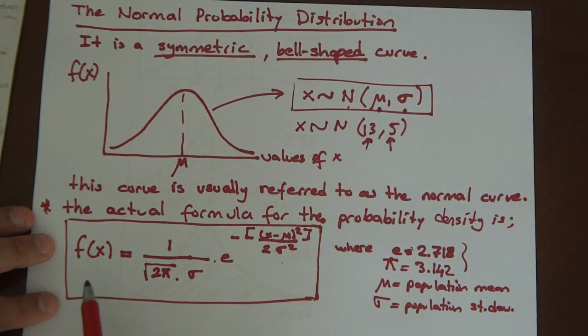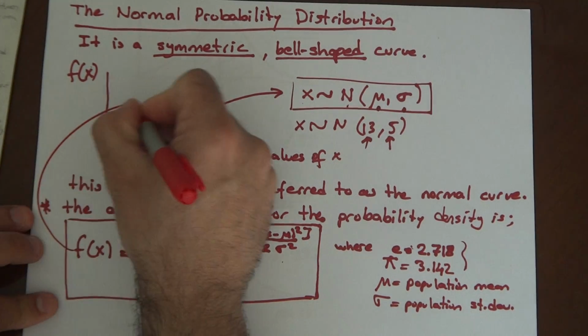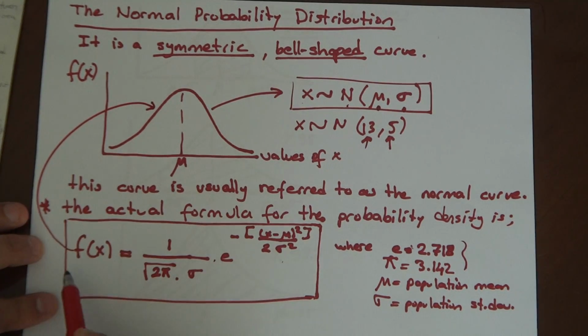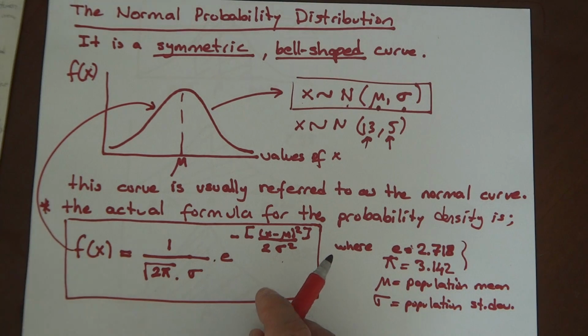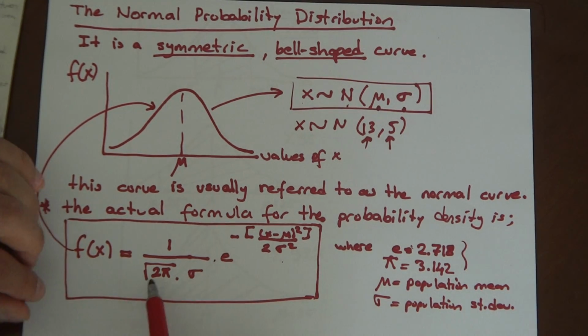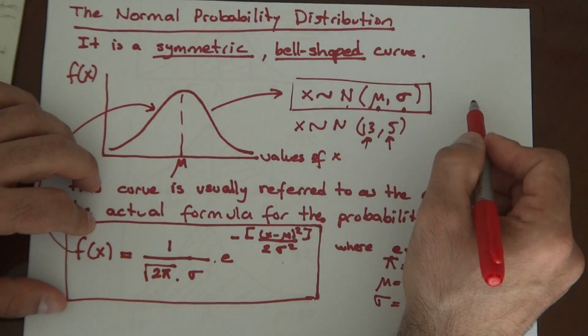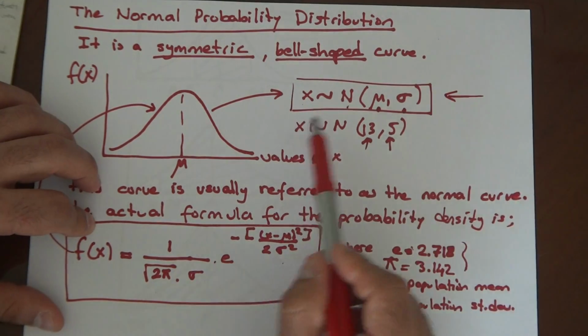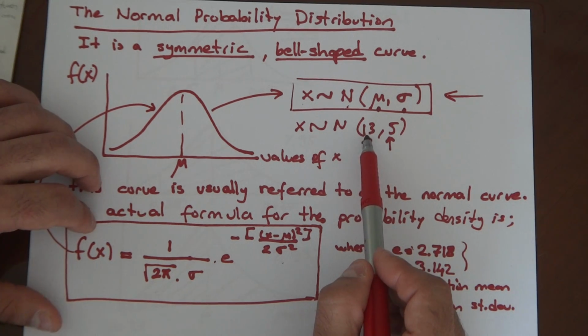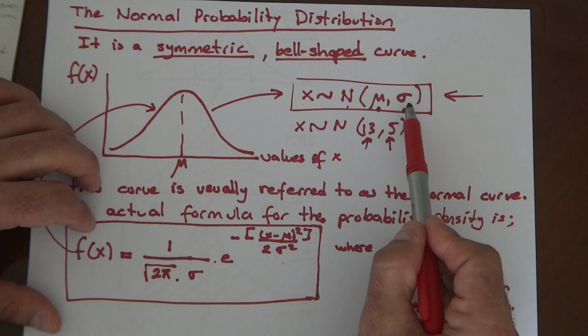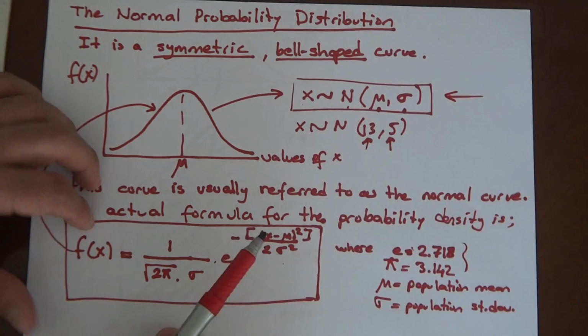And this f of x, the whole curve, can be represented as f of x equals 1 over the square root of 2 pi times sigma times e to the power negative x minus mu squared divided by 2 sigma squared. You are not supposed to memorize this formula. However, you have to learn this format. This format means whatever you see in the parentheses, the first variable is the mu, the second variable is the standard deviation.